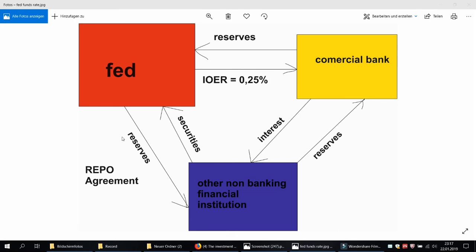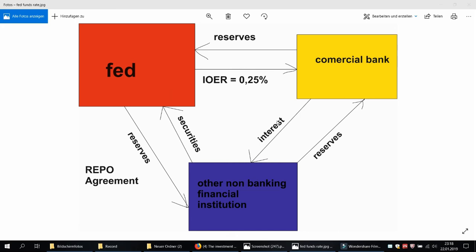A repo is used to raise short-term capital. The Federal Reserve enters into repurchase agreements to regulate the money supply and bank reserves. The Fed can also enter into repo agreements with entities other than commercial banks and provide them a repo rate of 0.25%, so that the other entities don't have an incentive to lend to commercial banks below the 0.25% interest rate the Fed provides for excess reserves.